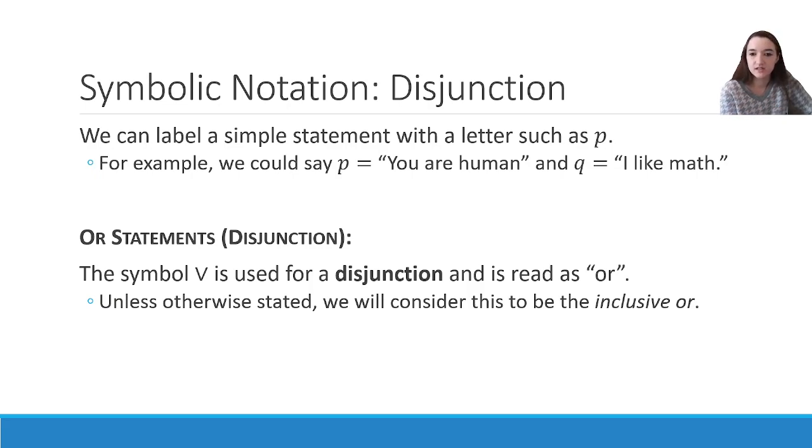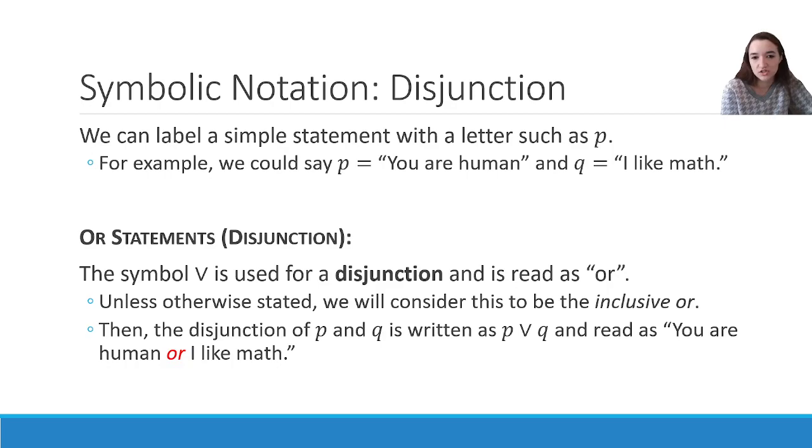Unless otherwise stated, we are talking about the inclusive or. The exclusive or actually has a completely different symbol. It looks like this, but we're not going to use that in this class, so it doesn't matter. Then the disjunction of P and Q is written as P V Q, and read as you are human or I like math, given the P and Q that I stated earlier.